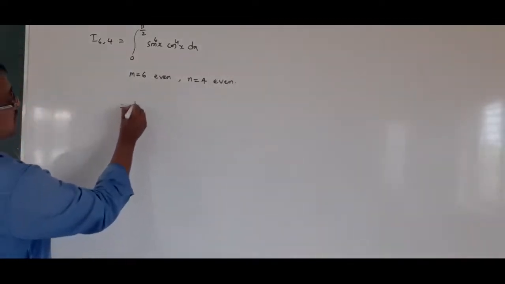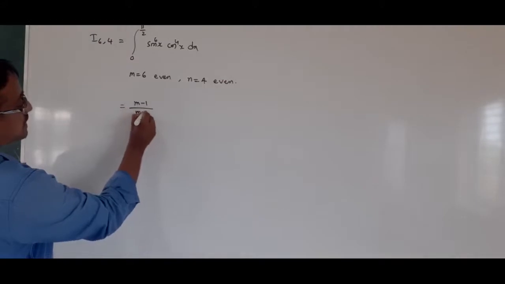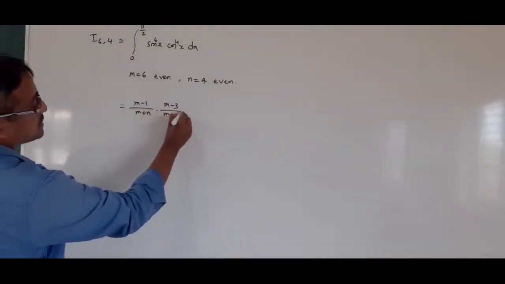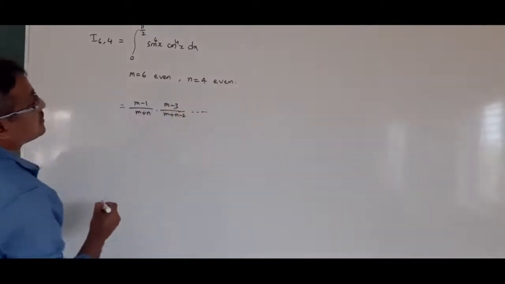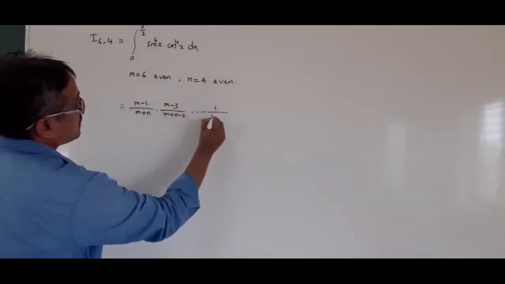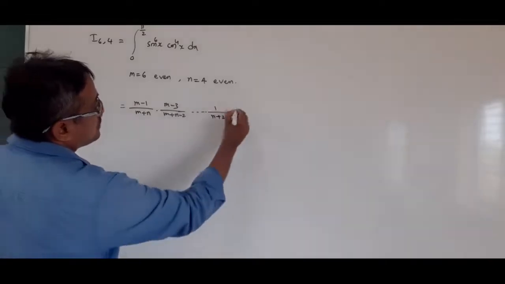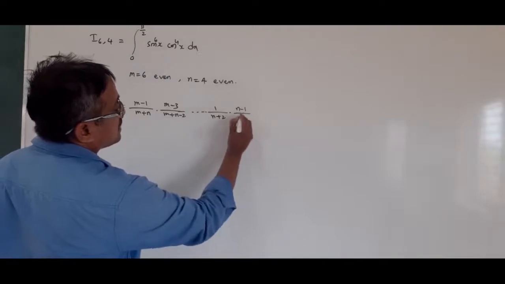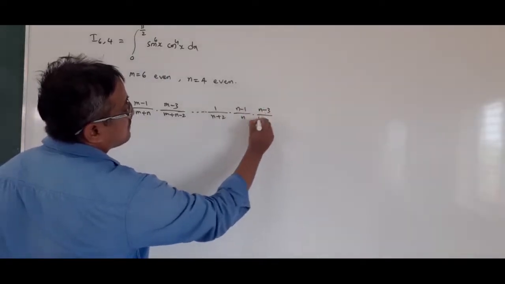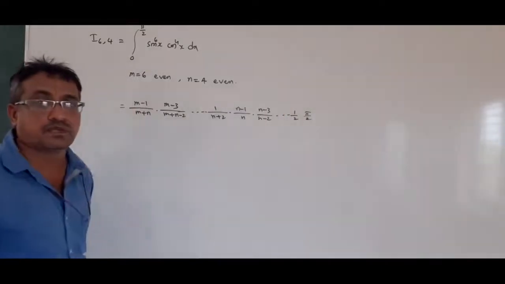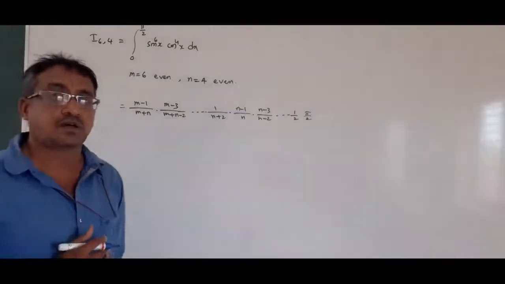Now what is the formula? (m minus 1) by (m plus n), (m minus 3) by (m plus n minus 2), and so on. When m is even, the reduction completes by 1 by (n plus 2) into (n minus 1) by n, (n minus 3) by (n minus 2) and so on, 1 by 2 into pi by 2. This is the reduction formula.